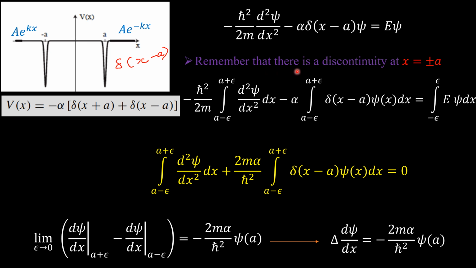Remember that there is a discontinuity at x equal to plus or minus a. Here one discontinuity, here one discontinuity. However, we have taken only the positive x-axis, even solution. This way you have the wave function, with only a scaling factor, which will not affect the physics part of it.